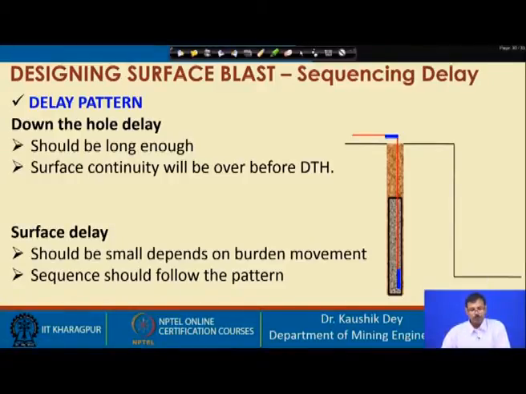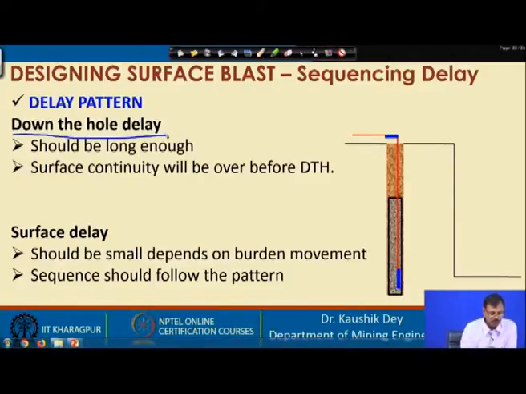Another important thing is the sequence of delay in the down the hole situation and in the surface delay. Generally, if we are using a nonel or that type of material, we provide the detonator inside the explosive, and the nonel is initiated by another detonator or maybe another nonel.